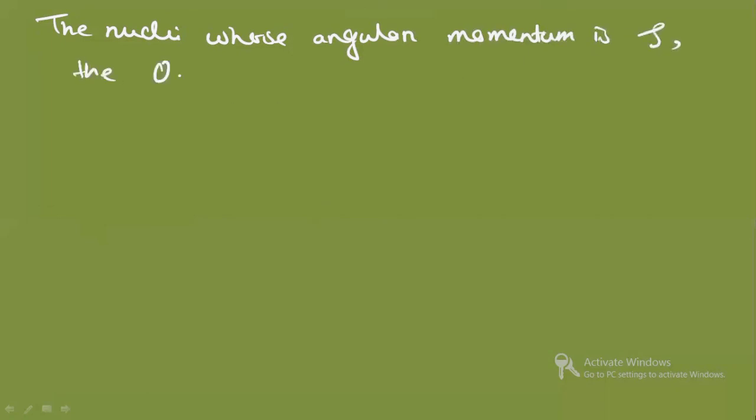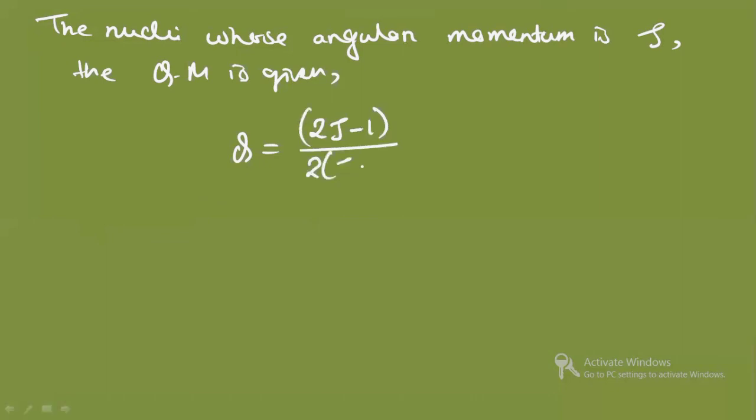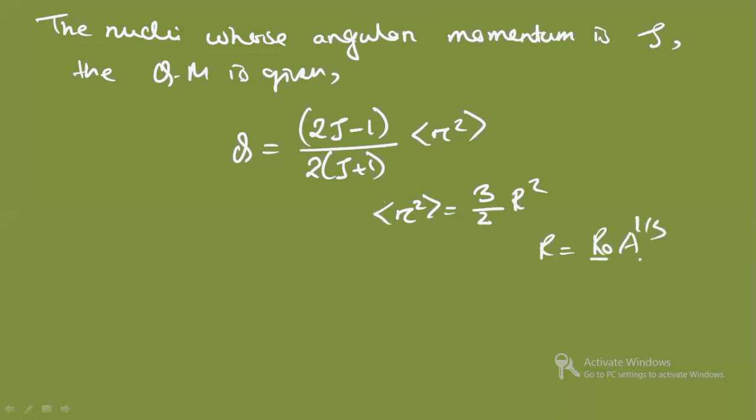The quadrupole moment is given by Q equals 2J minus 1 divided by 2J plus 1, times the mean square radius. And this mean square radius you can write as 3 by 5 R square, where R is the nuclear radius, R equals R naught A to the power 1 by 3.